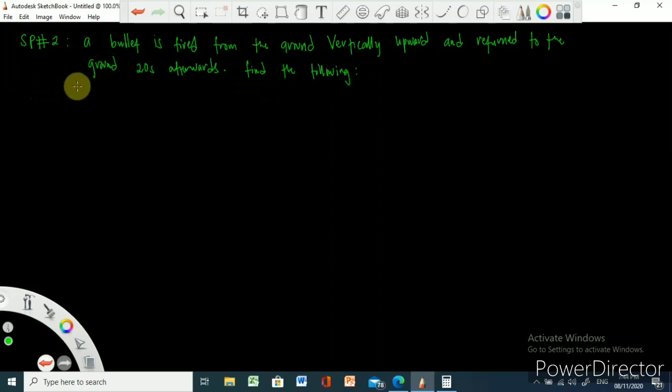Letter A, the initial velocity v1. Letter B, highest point reached.